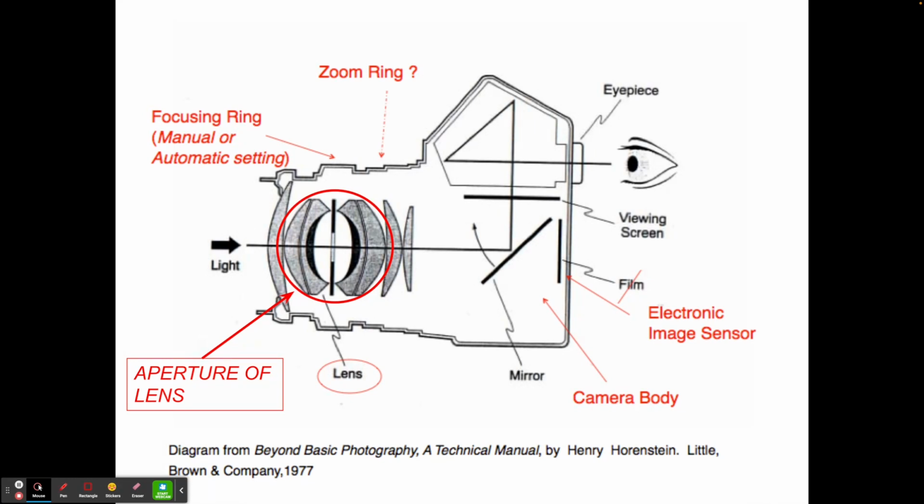So that is going to work with this now, because if the lens is open wide, what happens to the amount of light that comes in? So what would you set the ISO to? Lower, right? Because you're letting more light in, right? So it has to do with the light that comes into the camera.